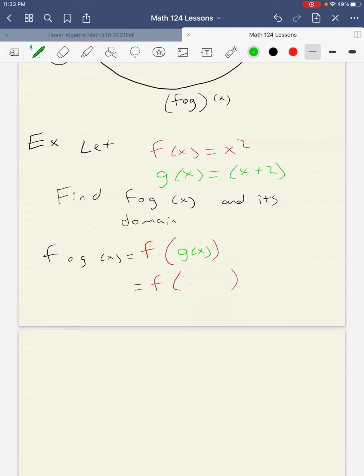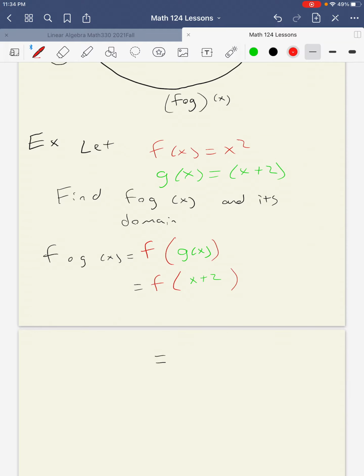Now g was given by the formula x plus 2, so we're really plugging x plus 2 into the f function. And recall, f is this x squared, right? So whatever we plug into f, we just simply square it. So if we're plugging this into f, then we just square that as well.